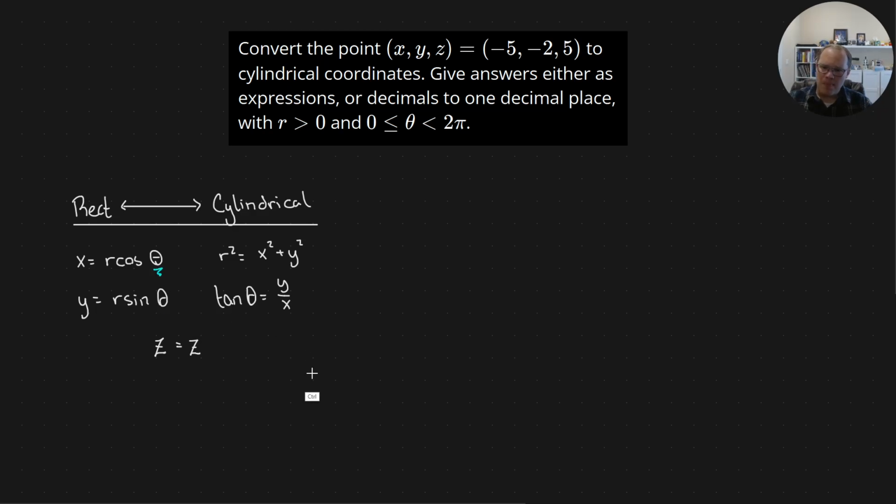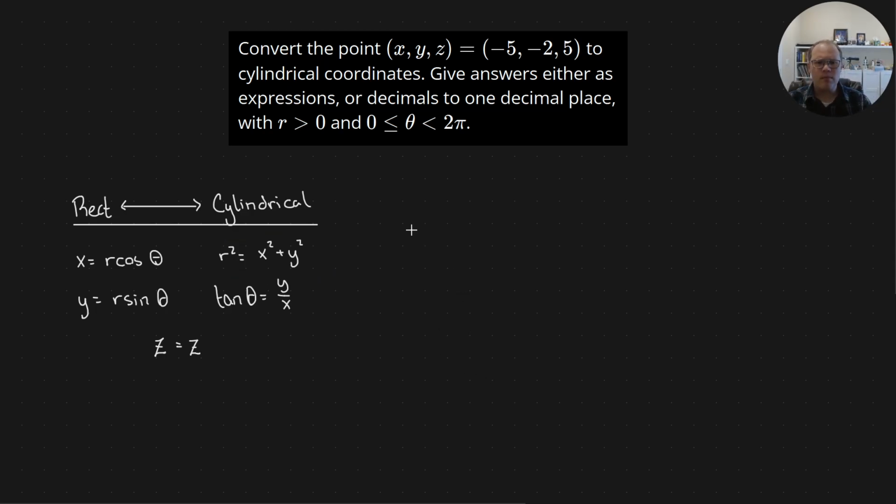Because we're going from rectangular to cylindrical, we would like to find r using only the rectangular variables x, y, and z. We'd like to find theta using only the rectangular variables y and x. You could make these work if you really want to, but you'd have to find at least one of the cylindrical variables first before you can find the others. This formula anyway is easier to find r, so let's use it.